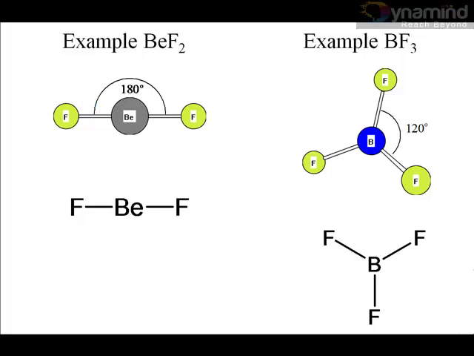They are separated by a maximum of 180 degrees. This is the Lewis structure and the bond angle here is 180 degrees. In BF3, there are 6 electrons, 3 pairs, and they are at 120 degrees to each other in a plane. So planar at 120 degrees is the answer for these kinds of molecules.